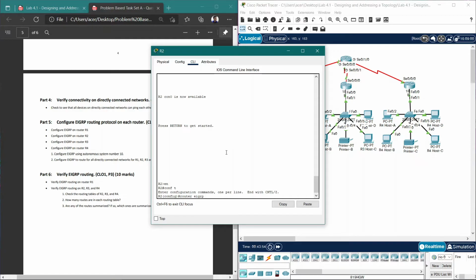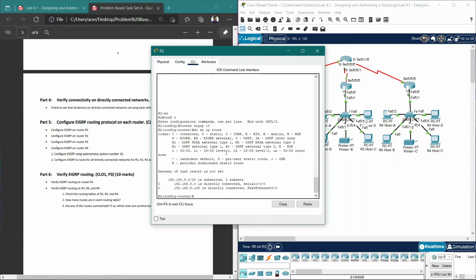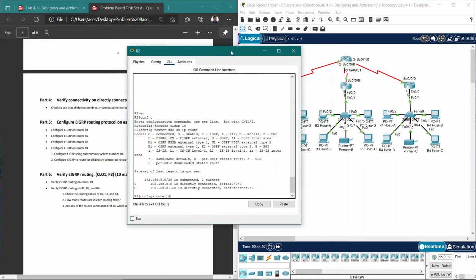The command will be router EIGRP 10, and for the network, show IP route. And here we can see there are two networks connected directly. We will start configuring with the network 192.168.8.0.